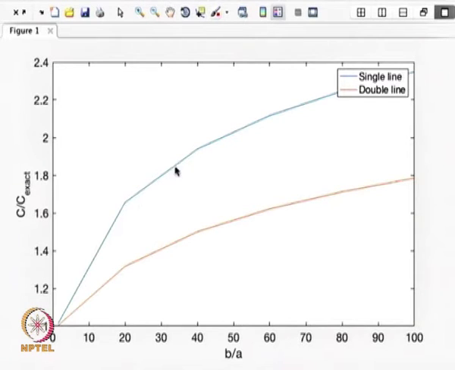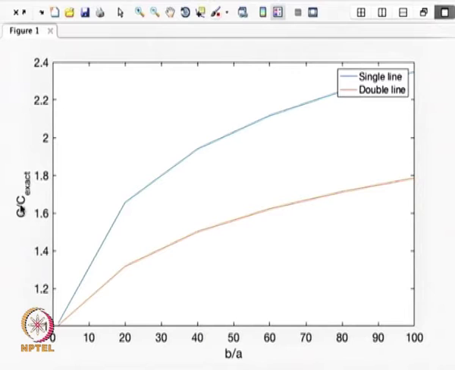The error of the 2-point approximation keeps growing at a higher rate, whereas the error of the 3-point approximation grows at a slower rate. So this is an important analysis given in terms of the radii of the two conductors and the computed and the exact value.